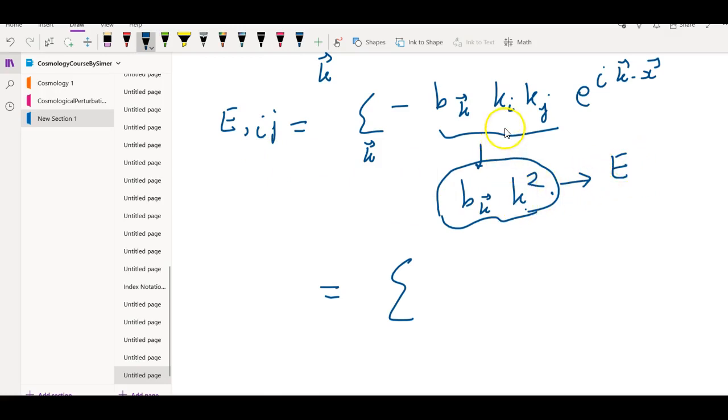So this is having dimensions of Eij, and I want E to have the same dimensions as Eij.